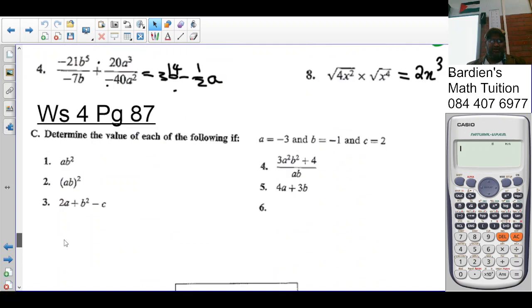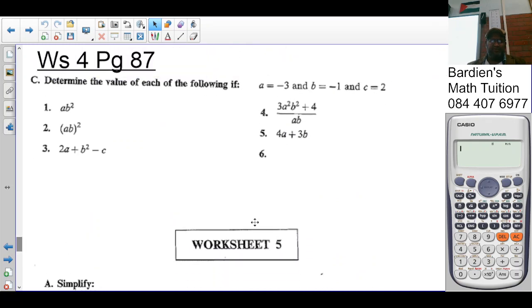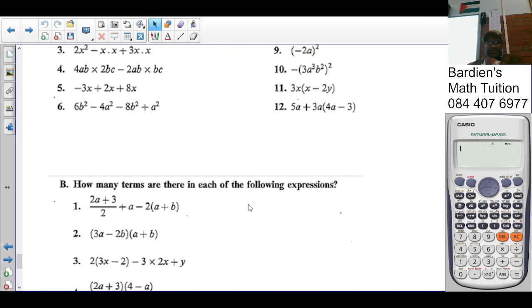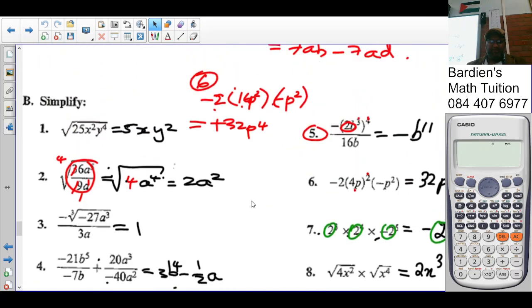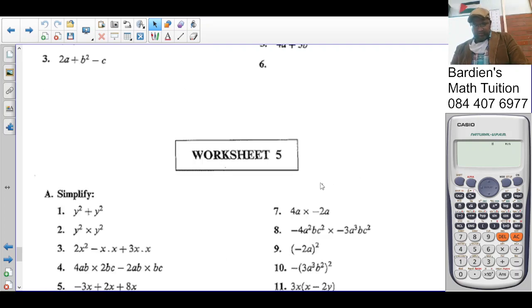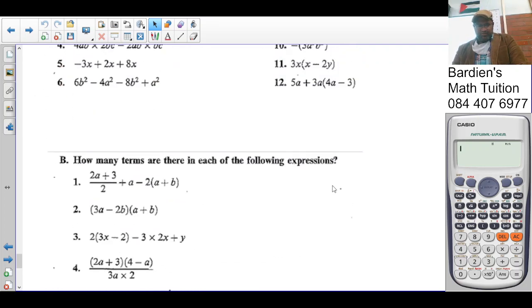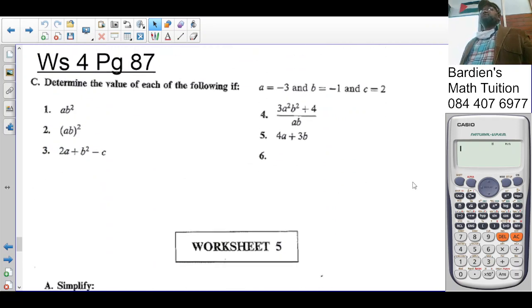Did we answer the questions? We must start answering here at this point. Not so? Okay, so we just need to go through this quickly. And then we're going to do worksheet 5. And then we'll go into the examples for exercise 5, no?